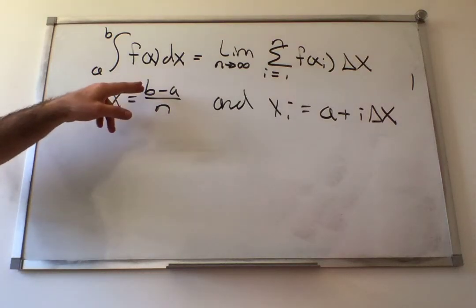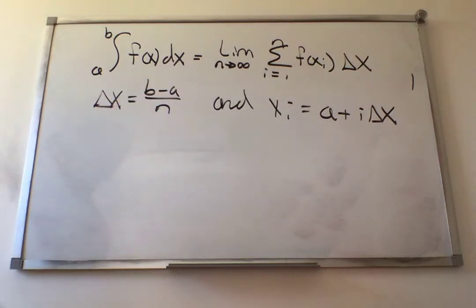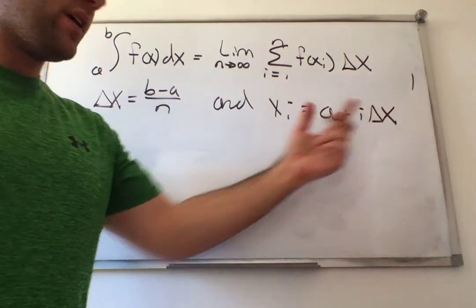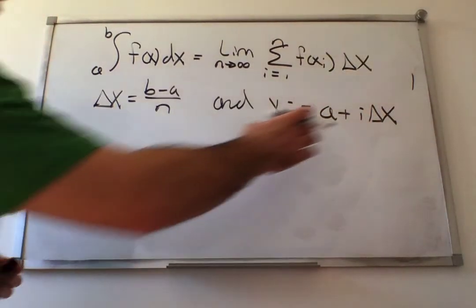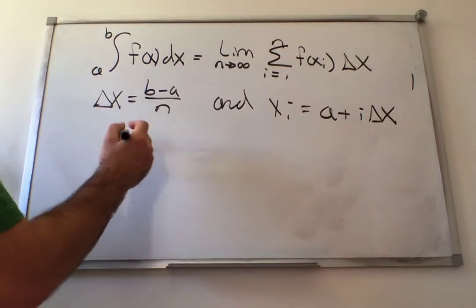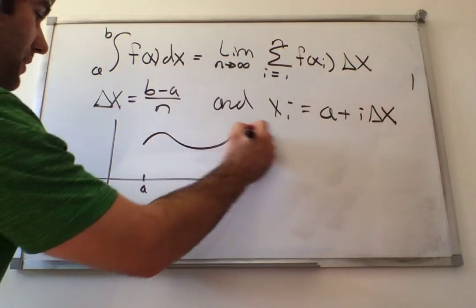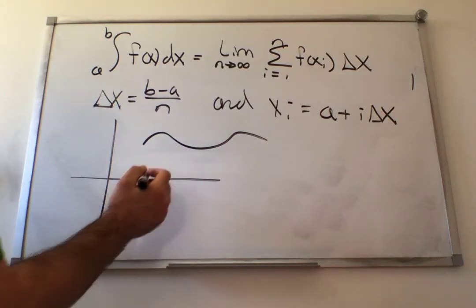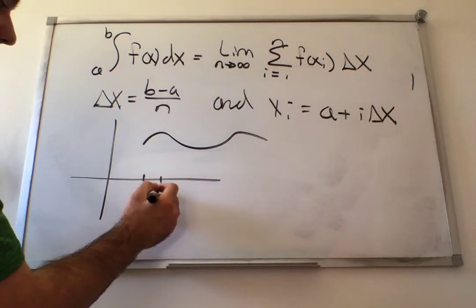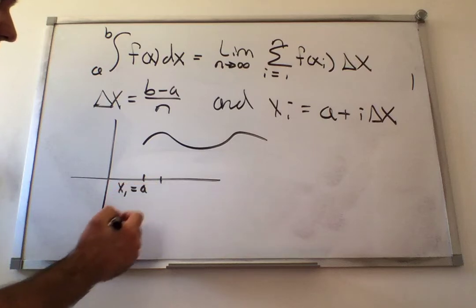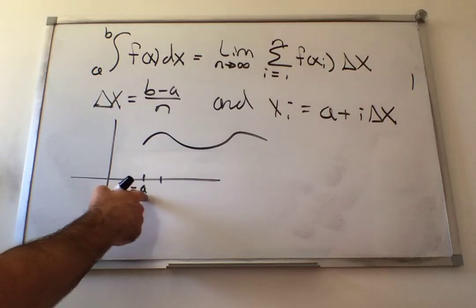Now, delta x, b minus a over n, that didn't change here. This is probably the new part right here. So what this part is saying is that if I'm starting somewhere at a, and let's say here's my function, then to get this next point right here, remember x1 is equal to a.